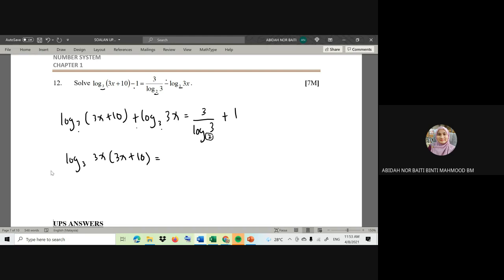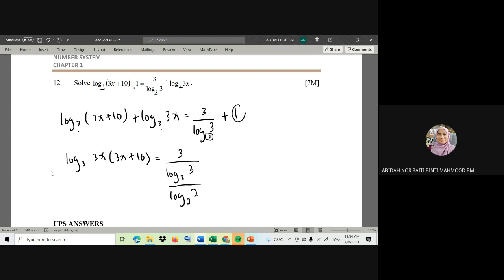Okay, you have to change to base 3. Follow your base at your left side. Okay, change base. Change to base 3. Okay, use the formula change base lah. Log 3 base 3 over log 2 base 3. Use formula change base, yeah.